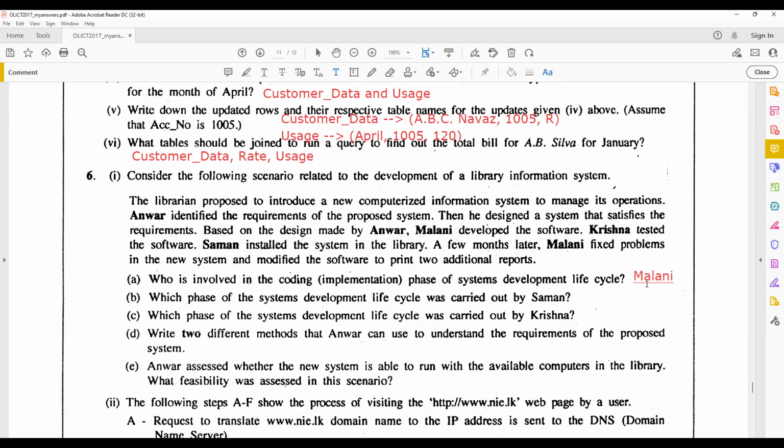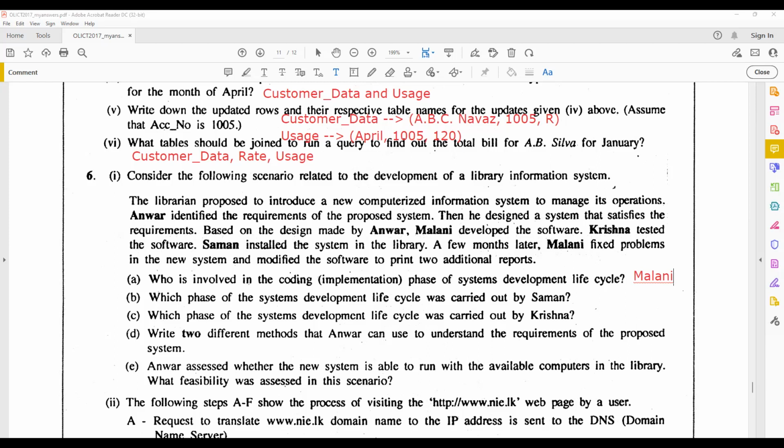Right. Which phase of the system development life cycle was carried out by Saman? Okay, what does Saman do? Saman installed the system in the library, which we call deployment. So the correct term should be deployment.